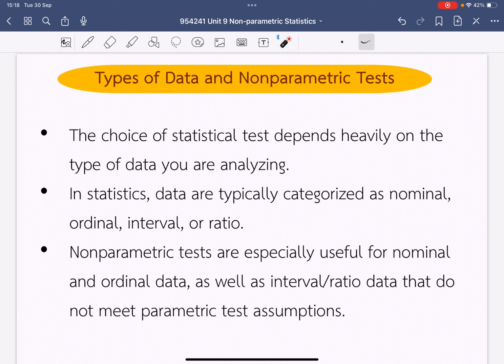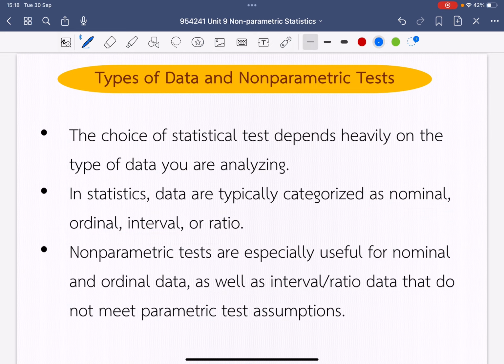So let's see the meaning of each type. In statistics, the data are typically categorized as nominal, ordinal, interval, or ratio. But in some books, they might categorize as nominal, ordinal, discrete, or continuous. So it depends. But usually there are 4 types like this.